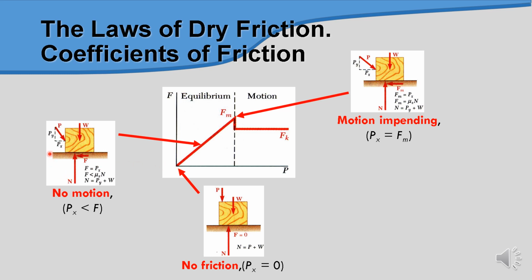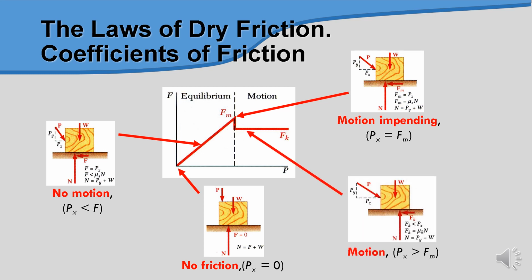Once the value of Px starts to increase, it is basically a linear process, and it will reach a certain condition, whereby at this point we have the value of Fm equal to Px, and once it starts to move, the value of Fm starts to reduce. Then we will see the value start to be constant.